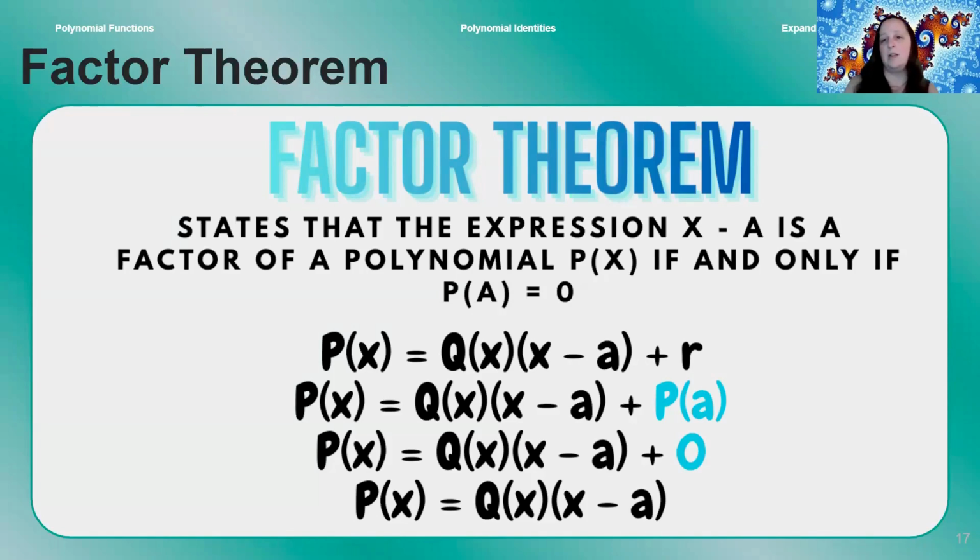So in the previous cases we've had, where we've had remainders of 5 or remainders of 15, those are not factors of what we've divided. Okay? So the only way that it is a factor would be if we have a remainder of 0.